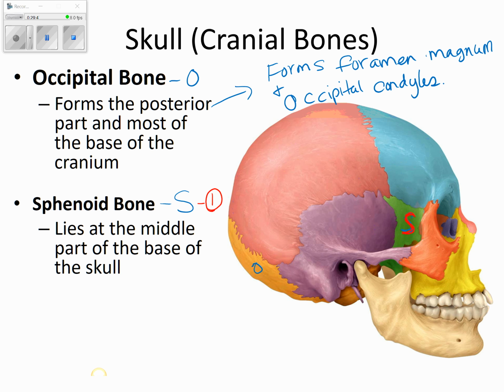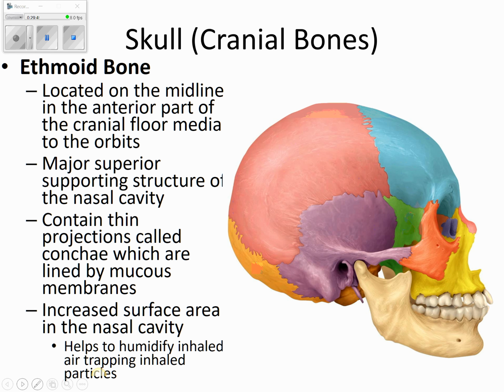So your ethmoid bone, excuse me, it separates your nasal cavity from the brain. It is located on the midline of the anterior part of the cranial floor, medial to the orbit. It's a major superior supporting structure of the nasal cavity. It contains thin projections called conchae, which are lined by mucous membranes. So there's increased surface area in the nasal cavity, which helps humidify inhaled air and trap inhaled particles.